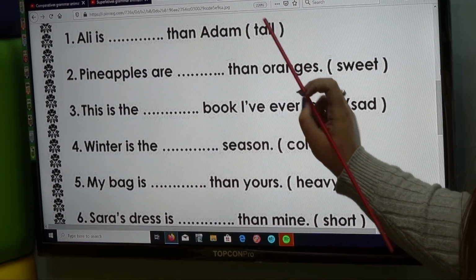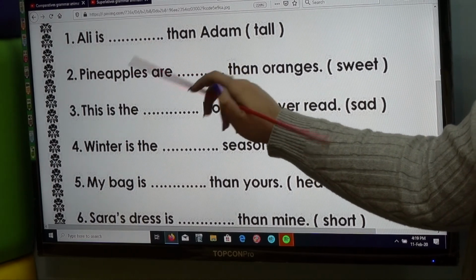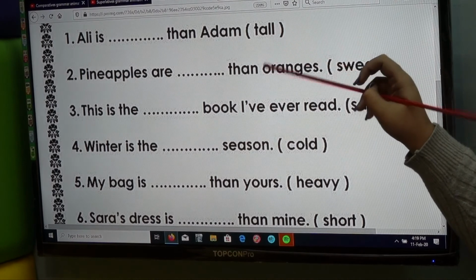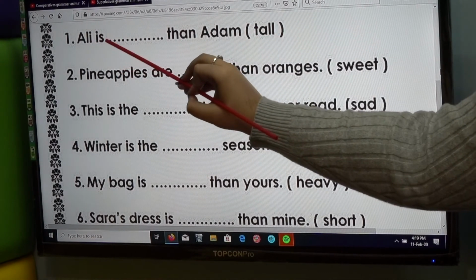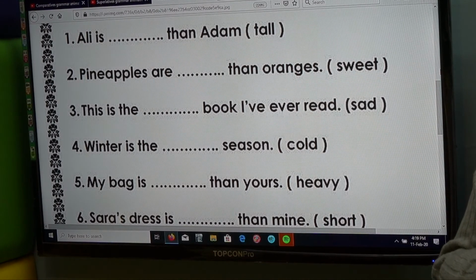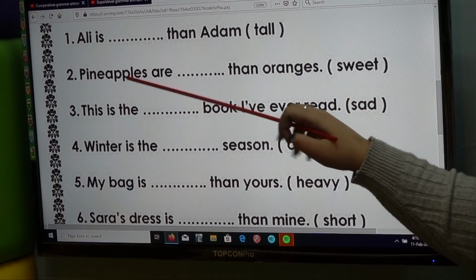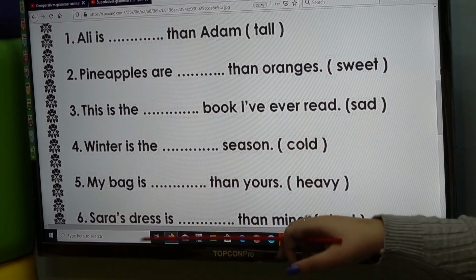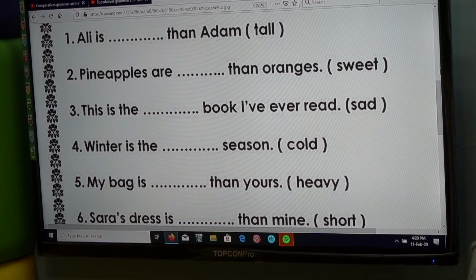Both are consonants. So we just add ER, right? 2 things, Ali, Adam. That's why I use comparative. Ali is taller than Adam. Okay? Number 2. I'm gonna do it with you. Then from 3 to 6, that will be a challenge for you, okay?